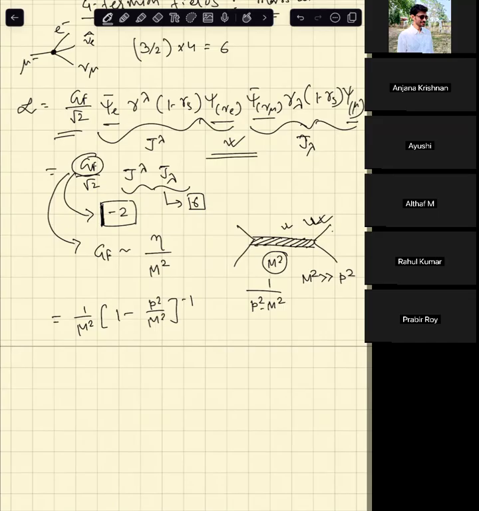And that failure of this theory to explain the experimental data opens up the window to new physics, which we'll see comes out to be the standard model. So the failure of this four-Fermi theory at a little higher energy paves the direction to modify it into a more complete theory, which is the standard model. So you can think of this theory as a seed of the standard model. Okay, any questions?